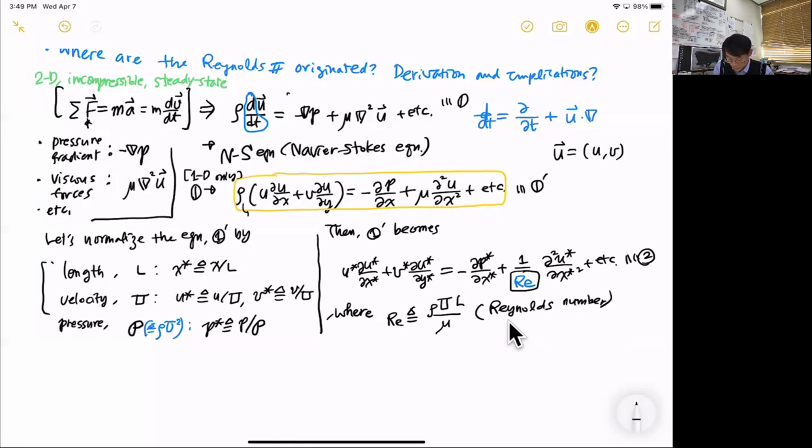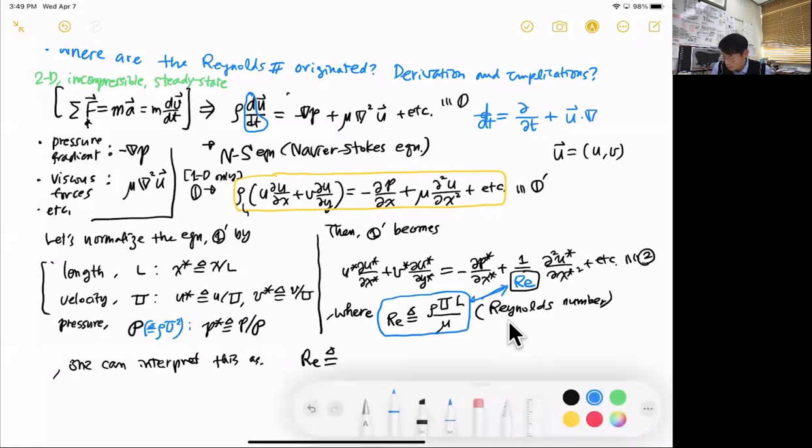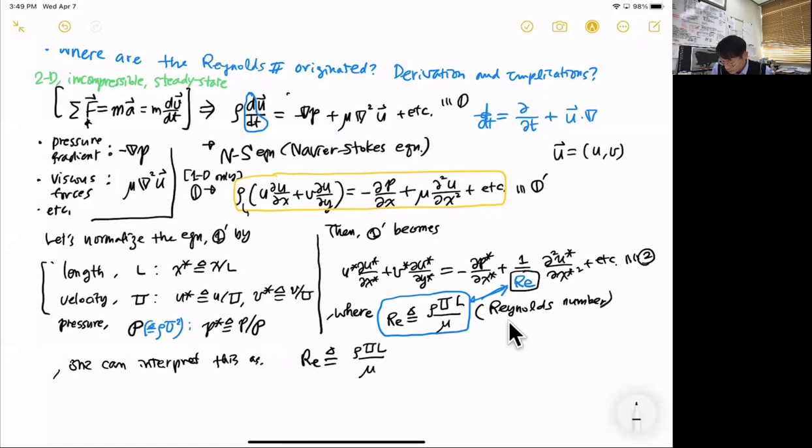Let's understand and make some sense of this definition of the Reynolds number. It is rho U L over mu. Let's give it the dimension of pressure, which is force divided by area.